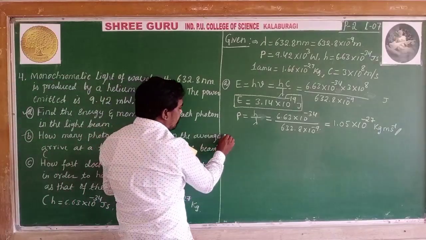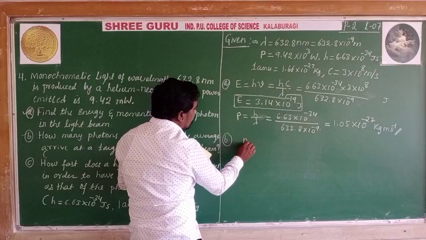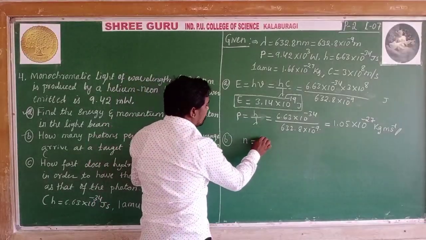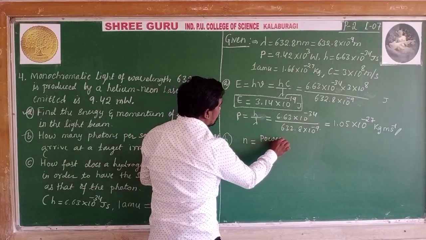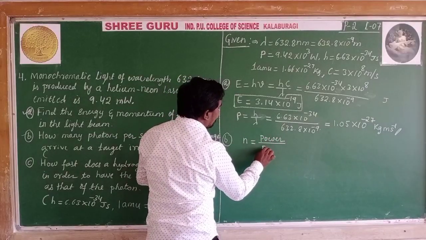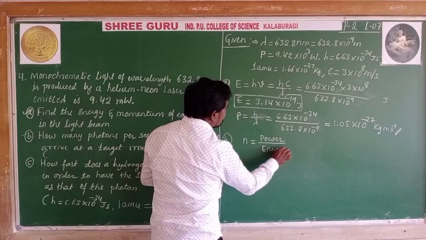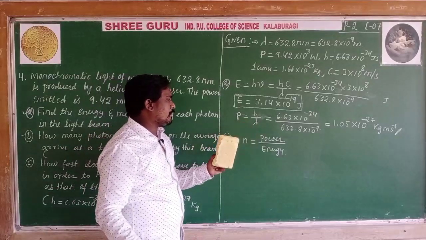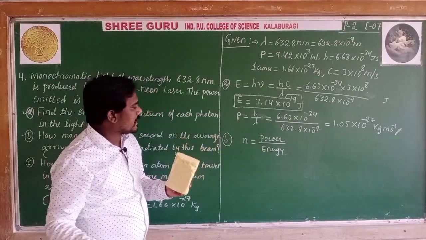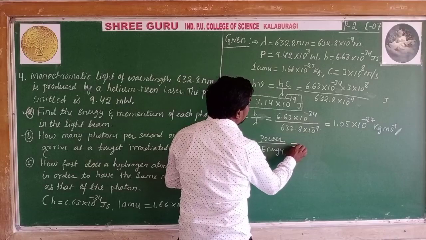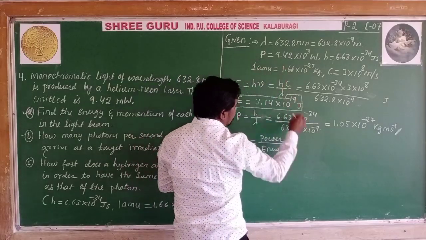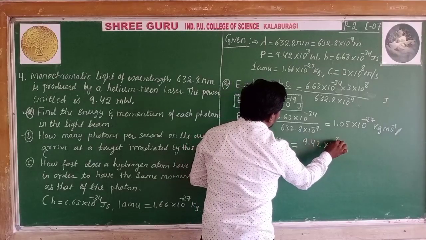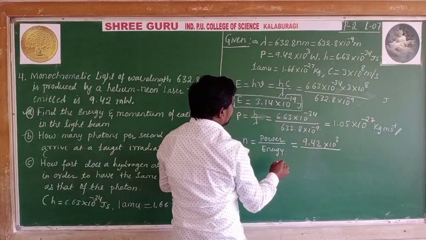The number of emitted photons we can find by the formula power by energy. This we know already, power by energy. Energy means h nu. For a particular frequency, this much power is required for that particular metal surface. Now what is power? They already mentioned the power value, that is 9.42 into 10 to the power 3. The denominator is energy h nu.